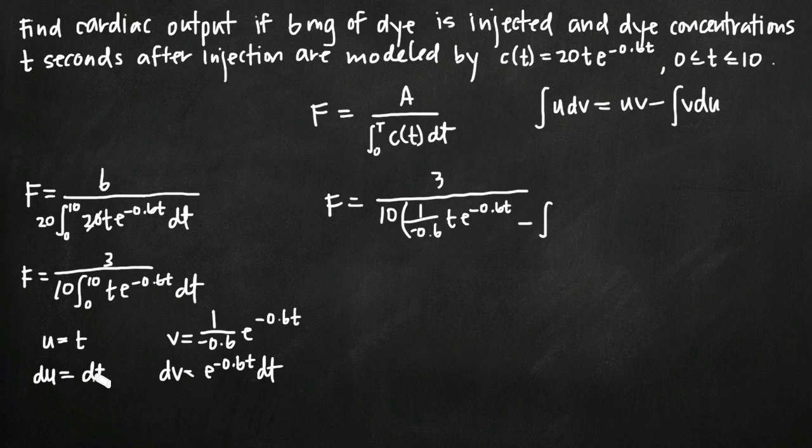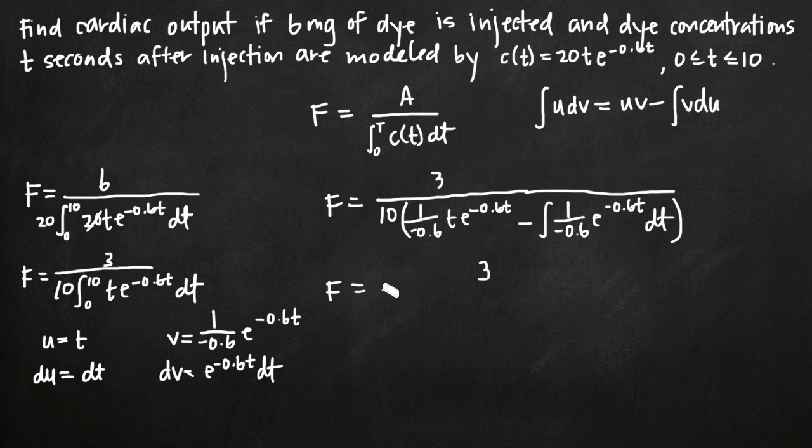So we essentially just have v and dt. So we get 1 over negative 0.6 e to the negative 0.6 t dt, and that's our formula there. Now we can actually evaluate this integral quite simply, but first let's simplify a little bit.